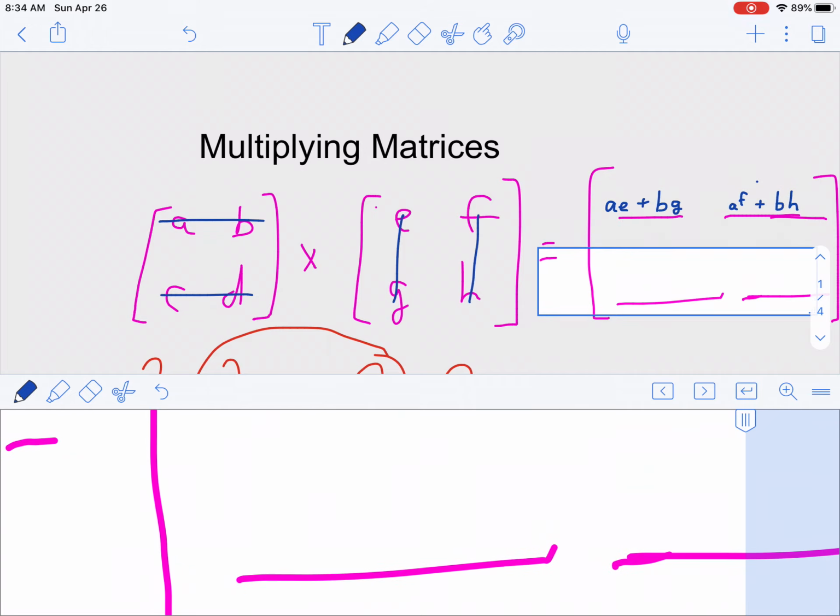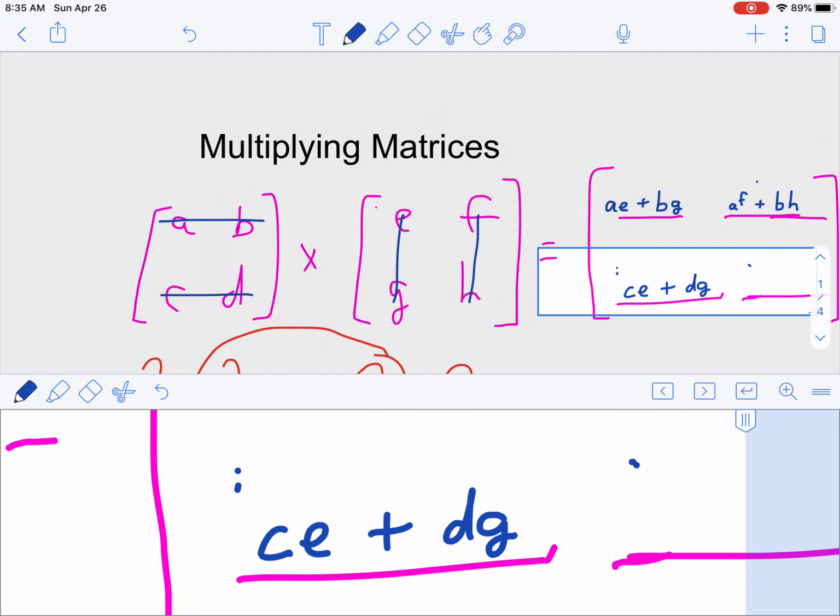Down here, this element right here is the second row, first column. So the second row is C, D, and the first column is E, G. And then the last element over here is the second row and second column.